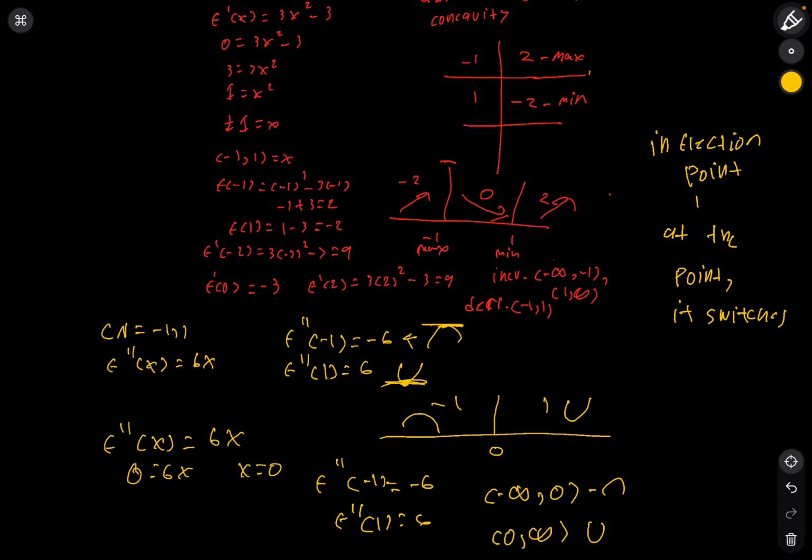This is why you always check with the sign chart. However, an inflection point is when the x coordinate at that point switches concavity. But you can see why through the second derivative you're able to find the absolute maximum or the absolute minimum.